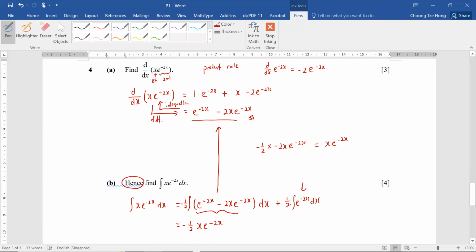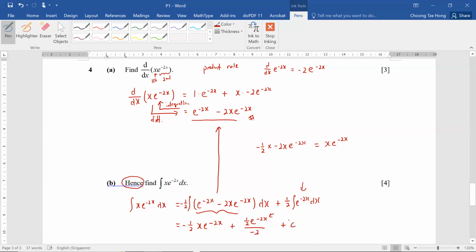This one is quite easy to integrate. There's a half, and you integrate an exponential function. What we will get is half e to the power of negative 2x. The final step is you need to differentiate the power. For differentiation, you differentiate the power and times in front. But now we are doing integration, so instead of times in front, you will just divide.